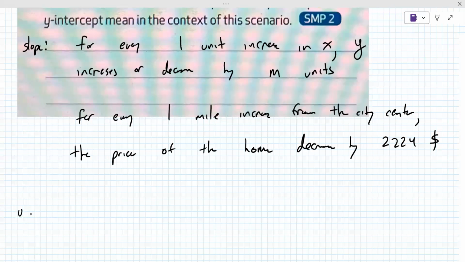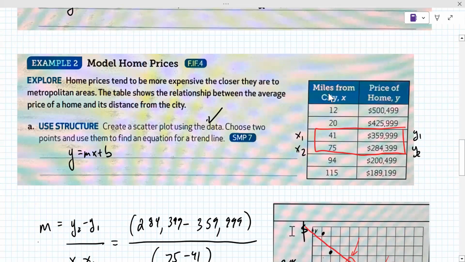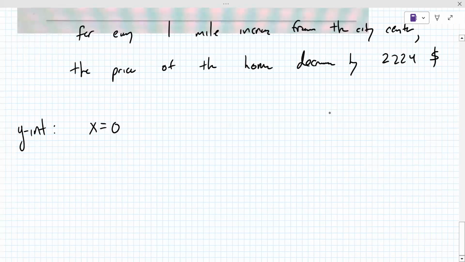Right. The y-intercept is not as formulaic. You have to interpret whether it actually means something. What does it mean when x equals 0 in this problem? What is x referring to in this data set? That would mean you're right in the city, downtown. Okay, downtown.